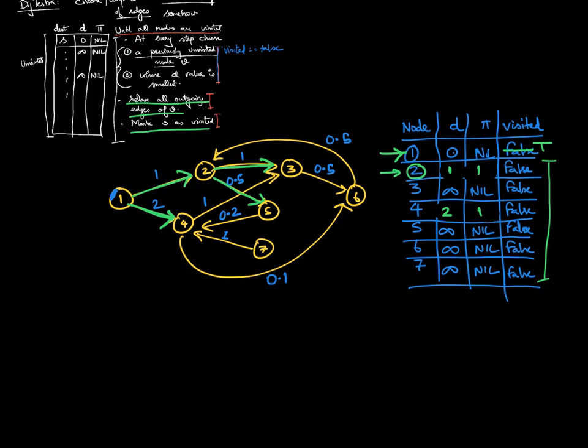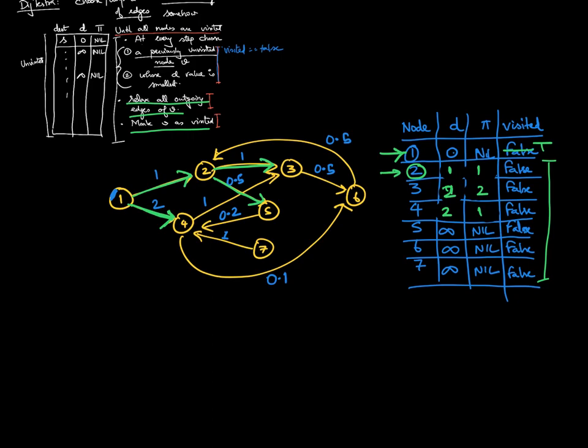So what do we get when we relax 2 to 3? Well, the weight of vertex 3 is going to become 1, and its parent is going to become 2. 2 to 5: the weight of vertex 3 is going to become 2 and its parent is 2.